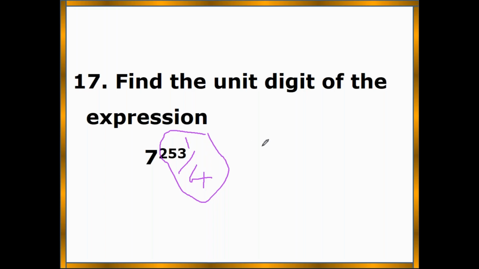Whenever the remainder is 1, the whole power 253 is replaced with 1. We know the value of 7 power 1. What is the value of 7 power 1? 7. So that is the last digit of 7 power 253. Good.